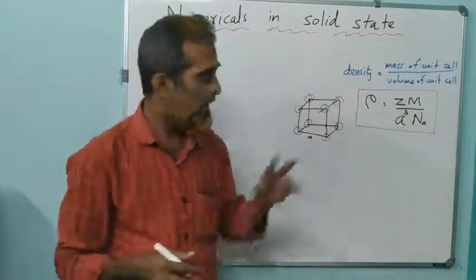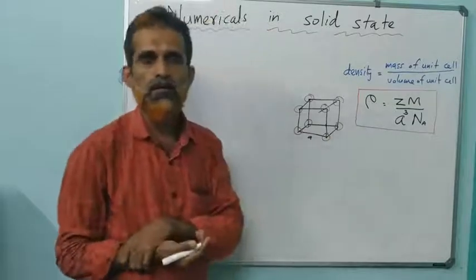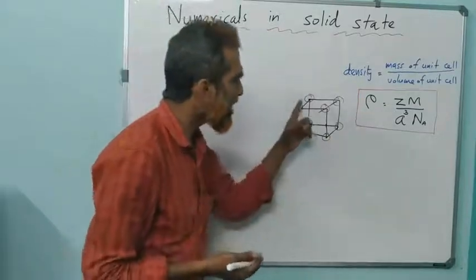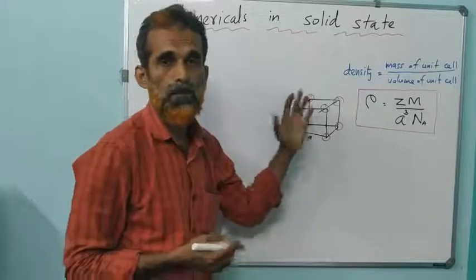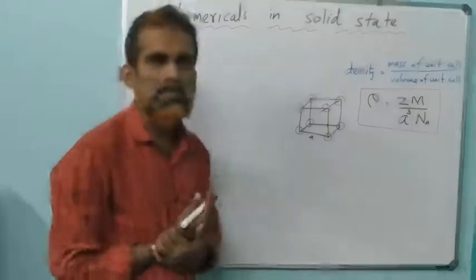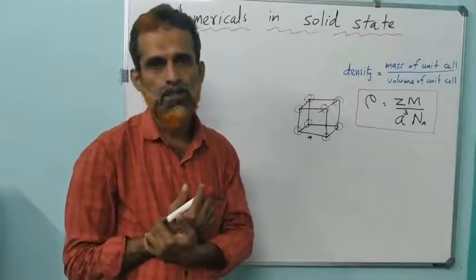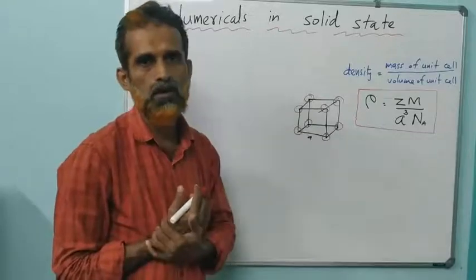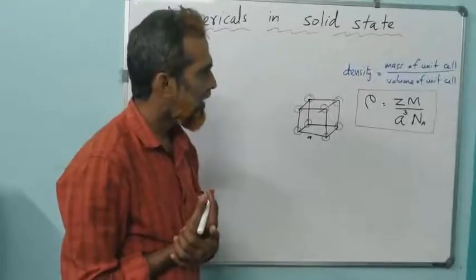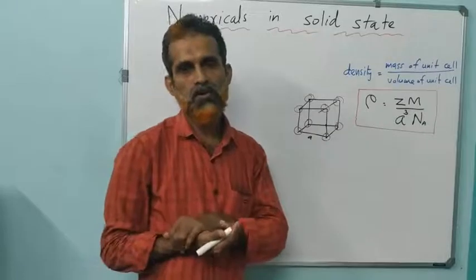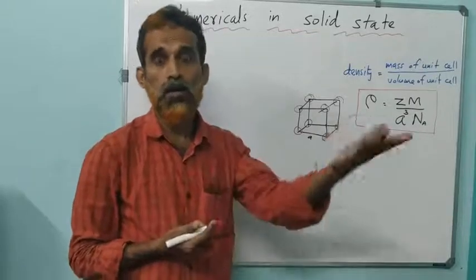And it is multiplied by the mass of one particle. How do you get the mass of one particle? Suppose it is a copper crystal, for example. What is the mass of one copper atom? That is obtained from the mole concept. 1 mole of copper will contain Avogadro number of atoms.